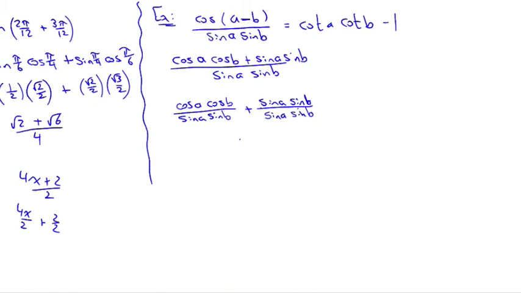All right, what's the second one turn into? That's the easier one. Sine A, sine B over sine A, sine B becomes 1. What's the first one turn into?